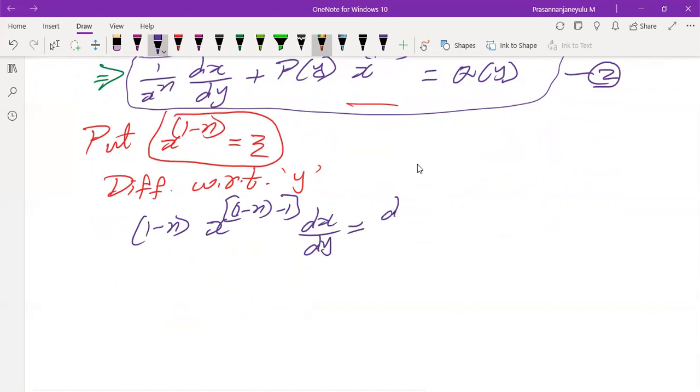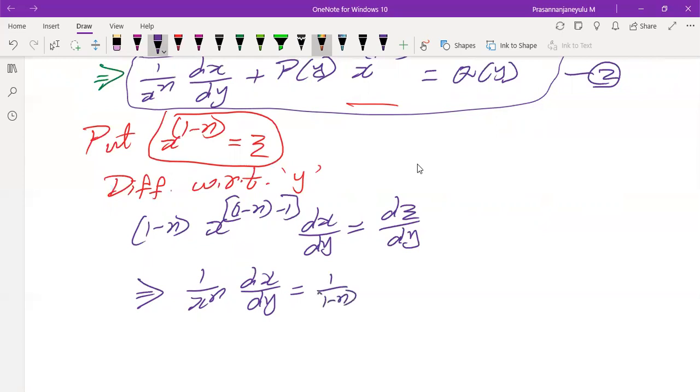equals dz by dy. On simplification, the left hand side part will be x power minus n. What is x power minus n? It becomes 1 by x power n into dx by dy equals 1. Bring the 1 minus n to the right hand side, then it becomes 1 by 1 minus n into dz by dy.